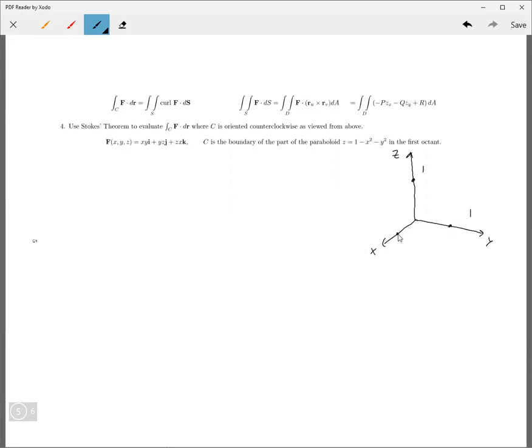And then likewise, you're at 1 right there. So it's something like this. C is the boundary of the part of the paraboloid in the first octant.